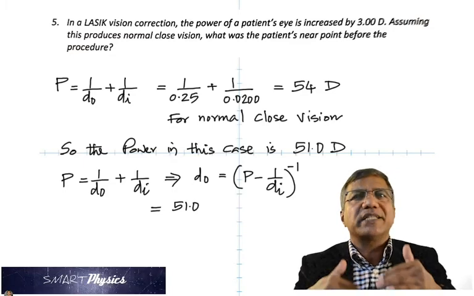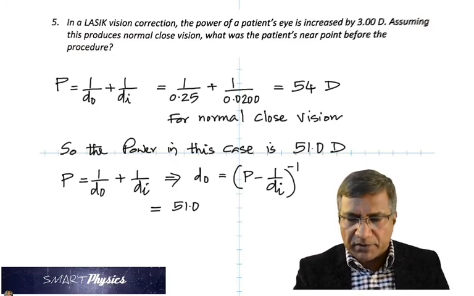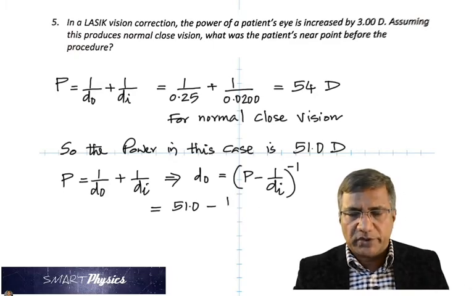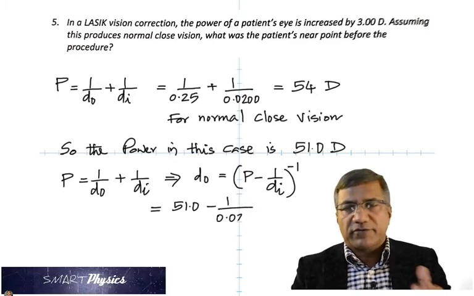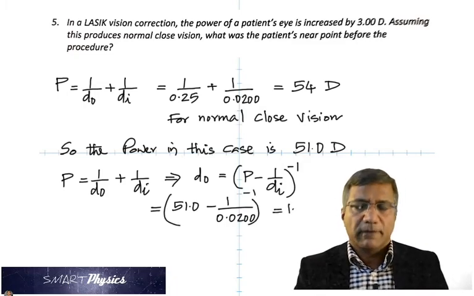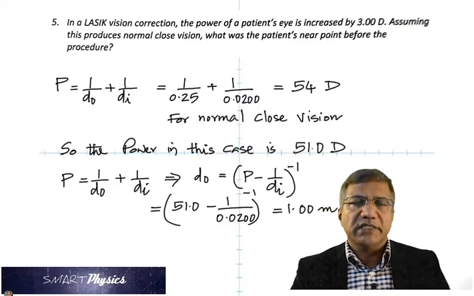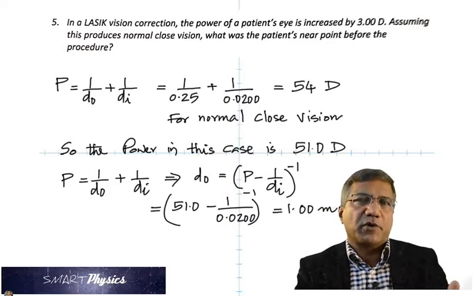That means I'm already taking the reciprocal. So I'm doing it all in one step. We know that the power is 51, and DI is 2 centimeters, which is 0.02 meter, which gives 1.00 meter. This was the near point of the person.